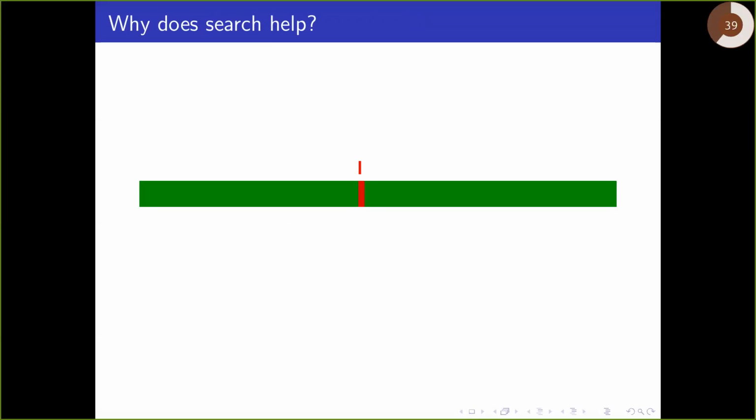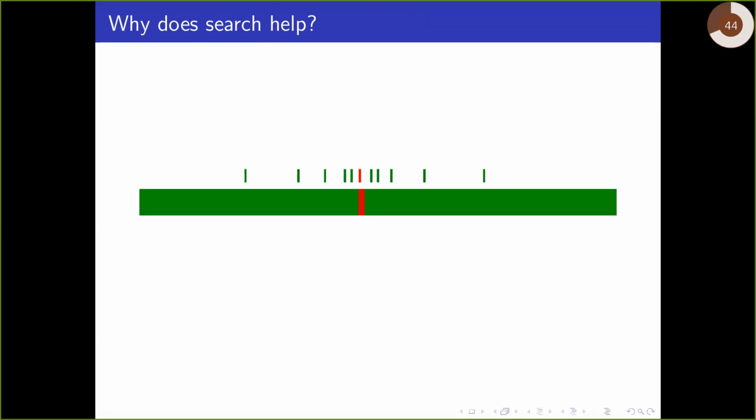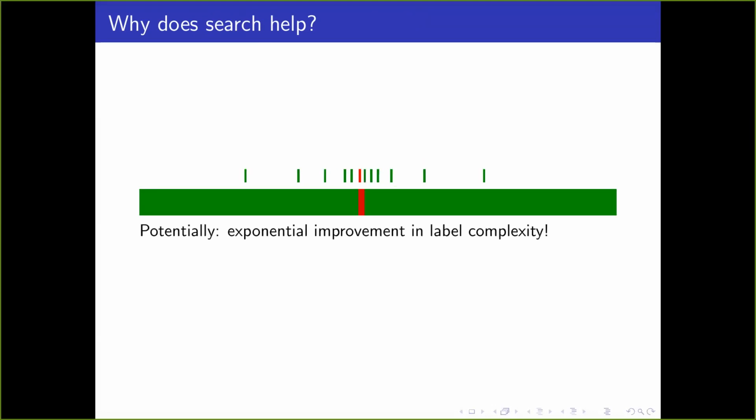Once you have that one red example, then it becomes just find the boundary of the red area, and you can narrow in on things, and yeah, it works. So potentially you could get an exponential improvement in your label complexity. So you mean label complexity? So like the number of labeled examples needed in order to solve the problem. Right. Okay.